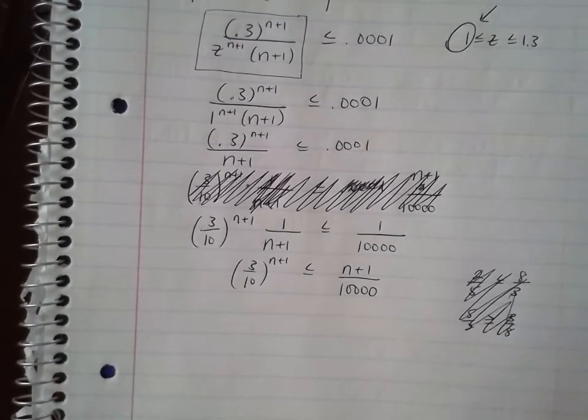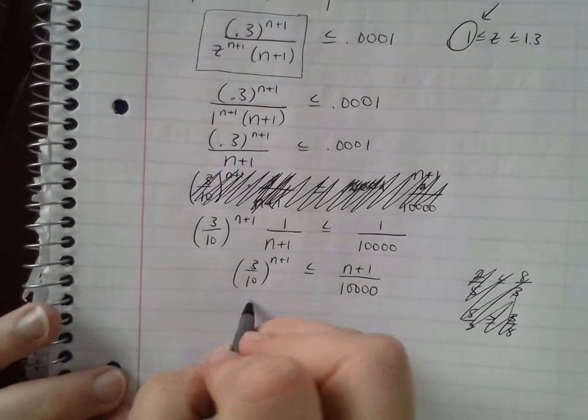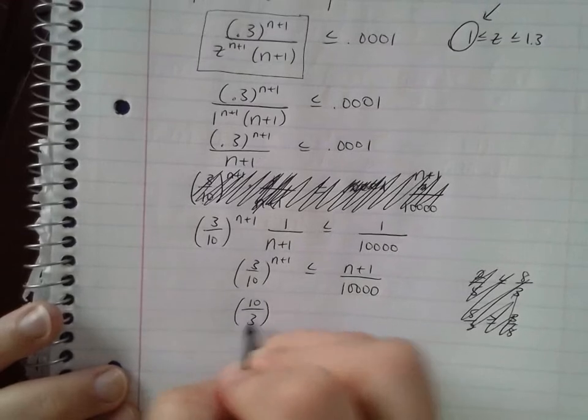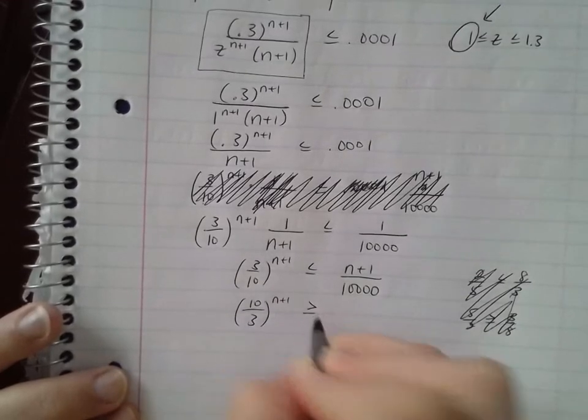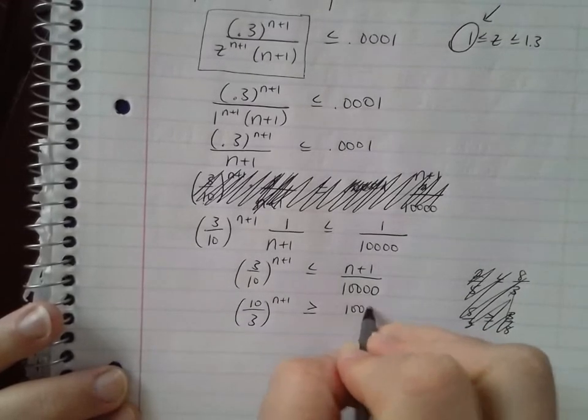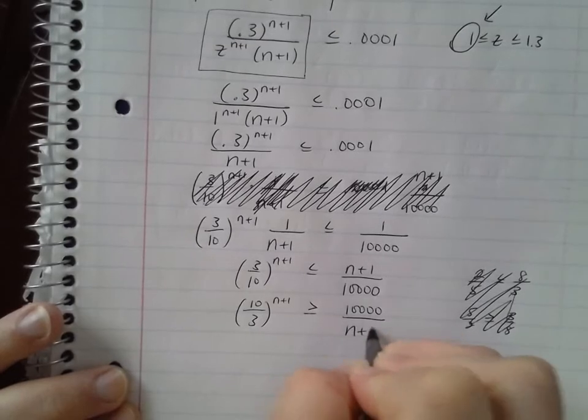Right, because we're raising it to a -1. All right, so let me check again with my notes. Yes, okay. All right, so if I change this to 10/3 to the n plus 1, it's going to change this fraction as well.